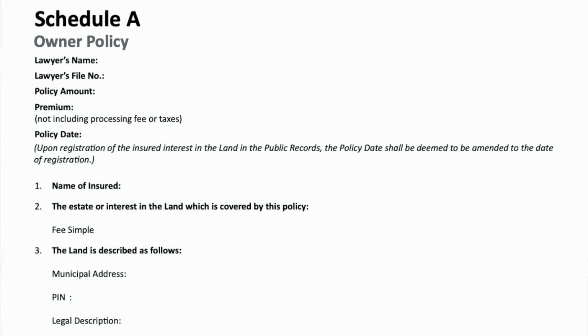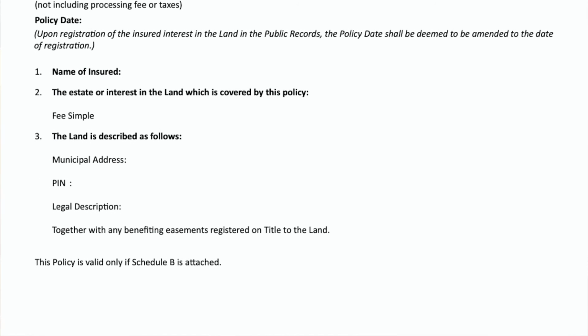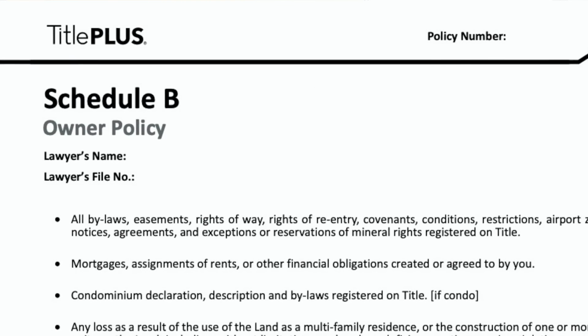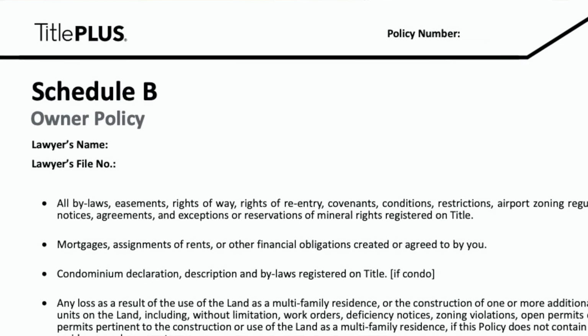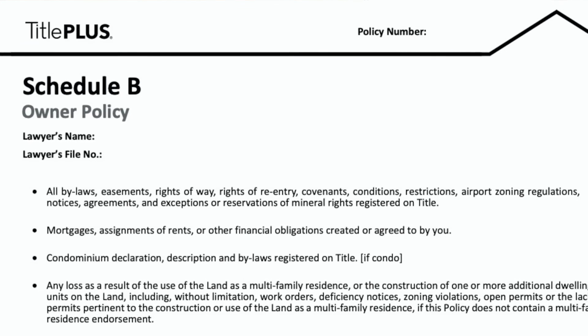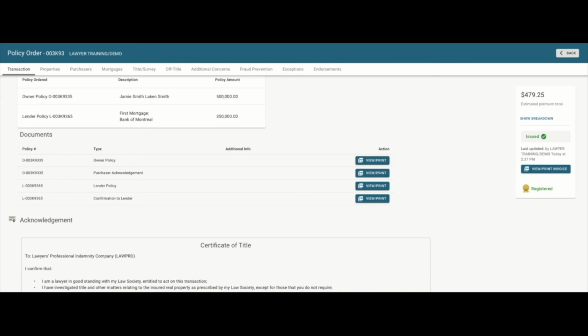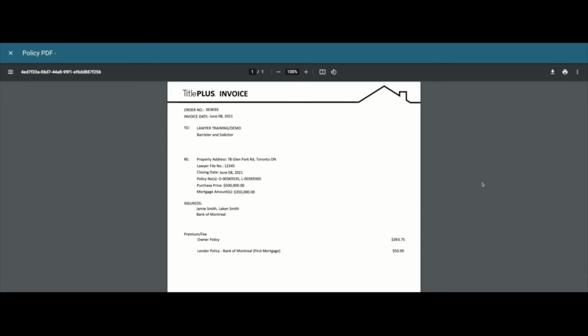Schedule A will contain the details of the location as well as the policy as a whole, while Schedule B will contain the details of any endorsements or exceptions that have been added. Next, we'll take a look at our invoice by clicking to open yet again another PDF. On the invoice, you'll see the premiums for each individual policy, and had there been a private lender, you'll see an additional $150 surcharge added to the lender policy premium.